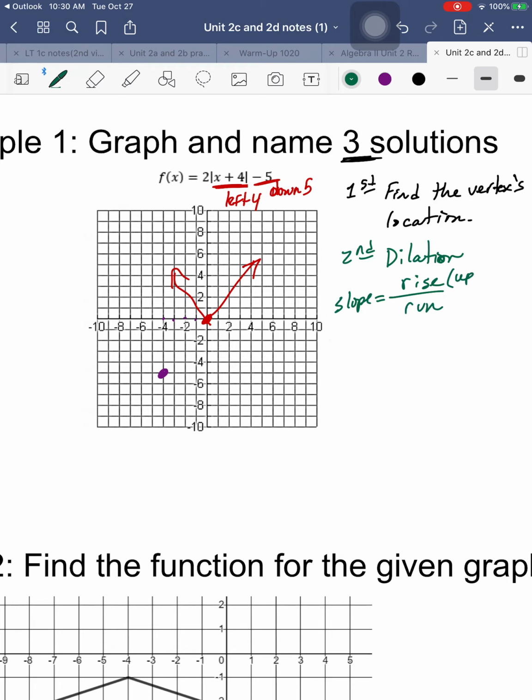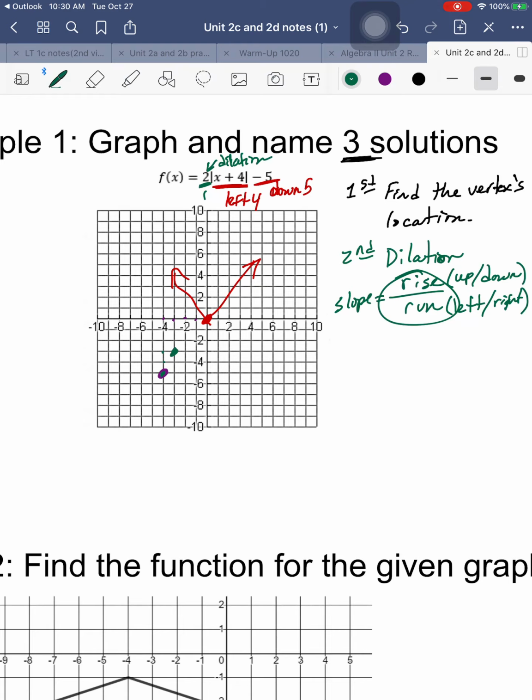Rise means up or down, and run means left or right. So from the vertex, we have to make it a fraction because it looks like a fraction. So 2 is the same thing as 2 over 1, or 4 over 2. You can make it any kind of fraction equivalent to 2. But from our vertex, we're going to go up 2 and right 1.